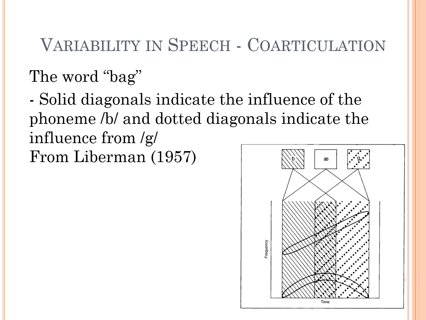Then when we look at bag, those oval-like things are trying to show us the formants, right? The a is being affected by the b for more than the first half, and by the g for more than the second half, where there's actually this overlap of how b and g are affecting the formants that I'm creating when I'm saying the a in bag.